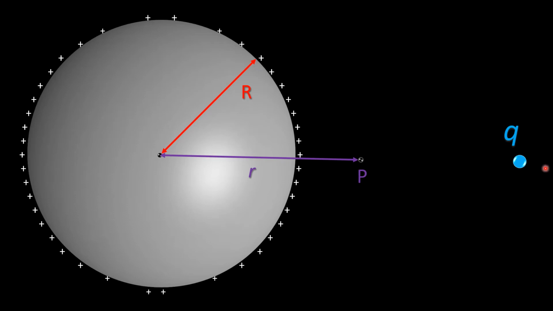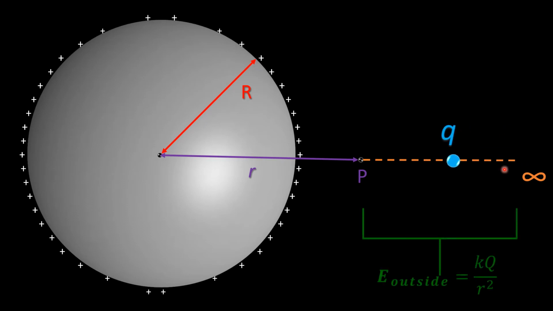We have q coulomb charge. We'll take it at infinity, and from there we'll come to point P. We'll see how much is the work done, or we'll use the other form of potential, integration EDR, and that is how we'll find out electric potential at point P. So when we come from infinity to P point, we know that electric field is kq by r square at any point outside the shell.